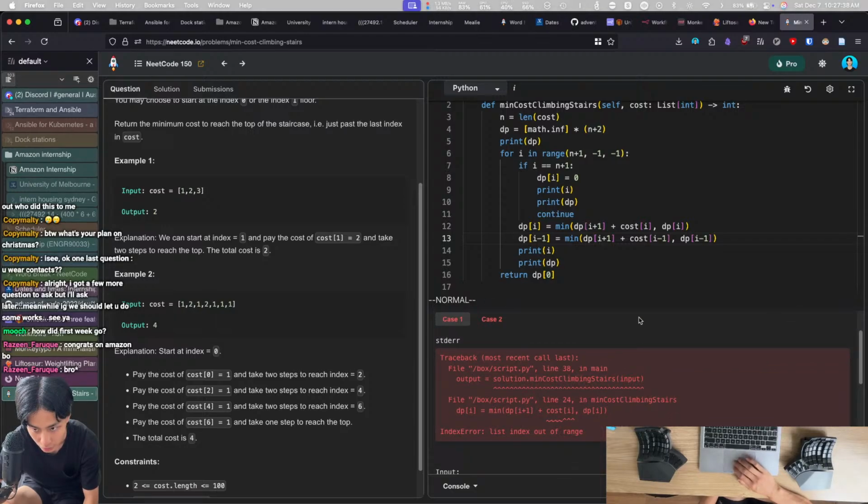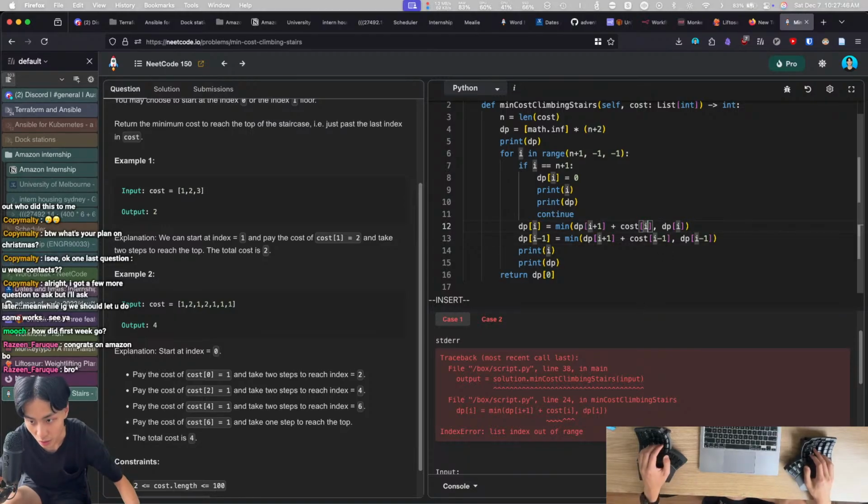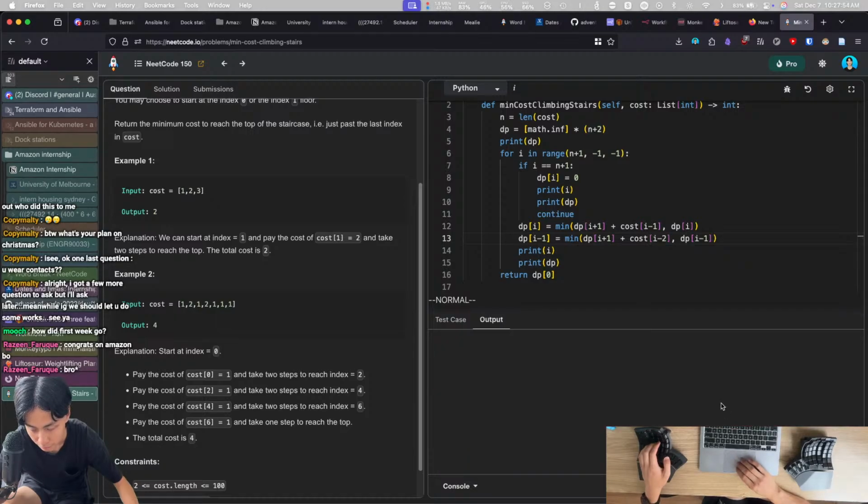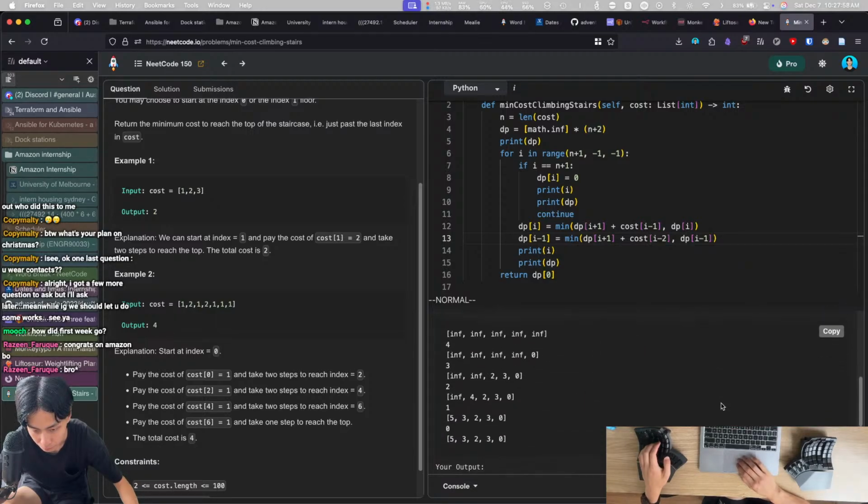Cost of I. Index out of range. So this is I minus 1. And this is I minus 2. Five versus 2.